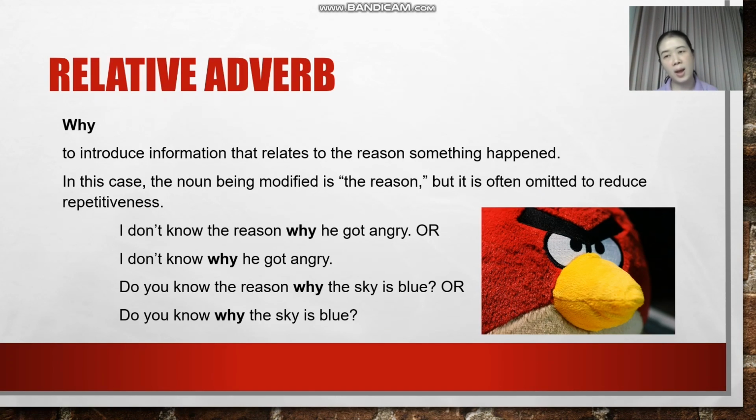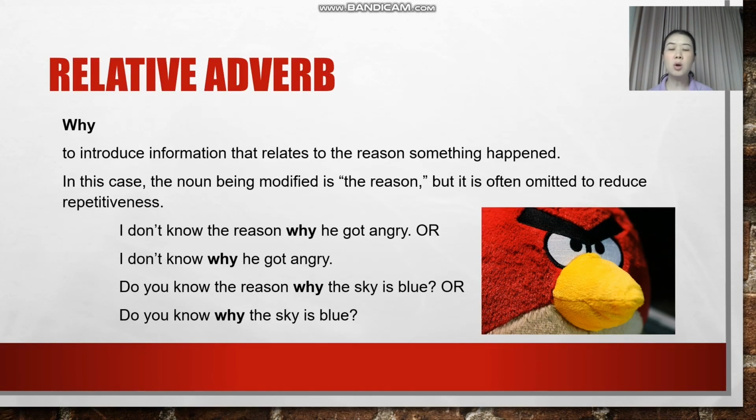Next one is why. Why is used to introduce the reason. In this case, it's possible to add the words the reason, but it's possible to omit this. For example, I don't know the reason why he got angry. Or it's possible to say, I don't know why he got angry.